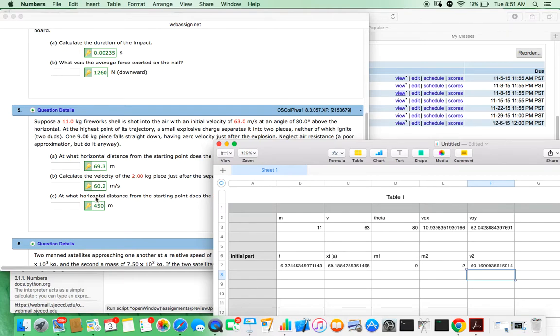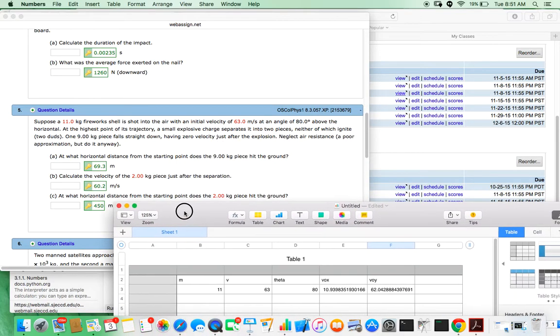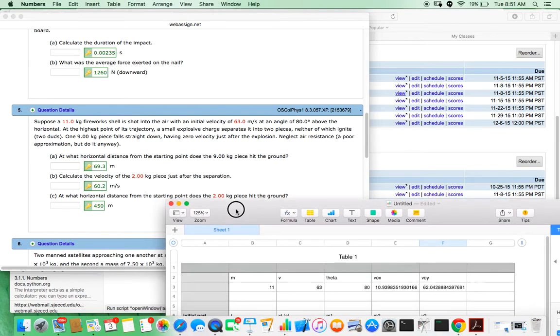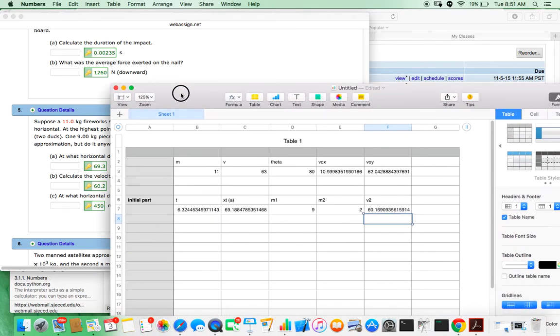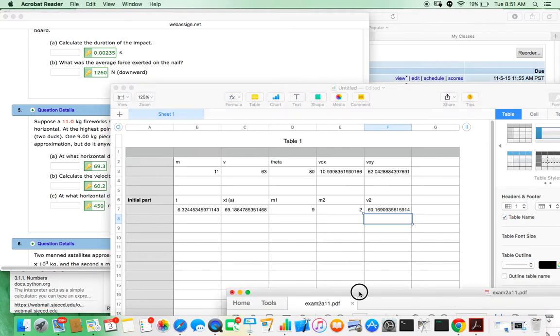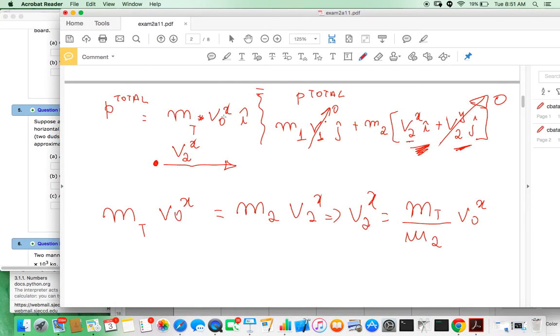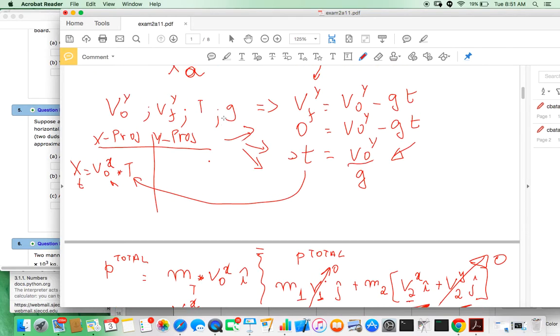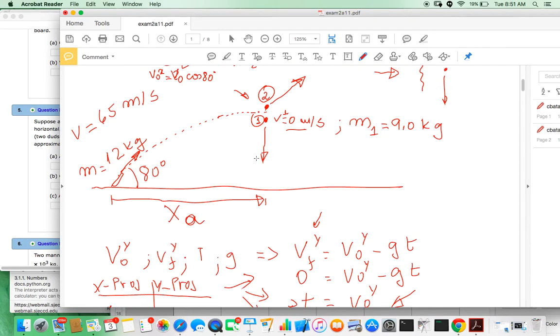And then, after what horizontal distance from the starting point does this piece hit the ground? So basically, if you go back to your little sketch, and I apologize if I'm taking too long here, now you have this second fragment.